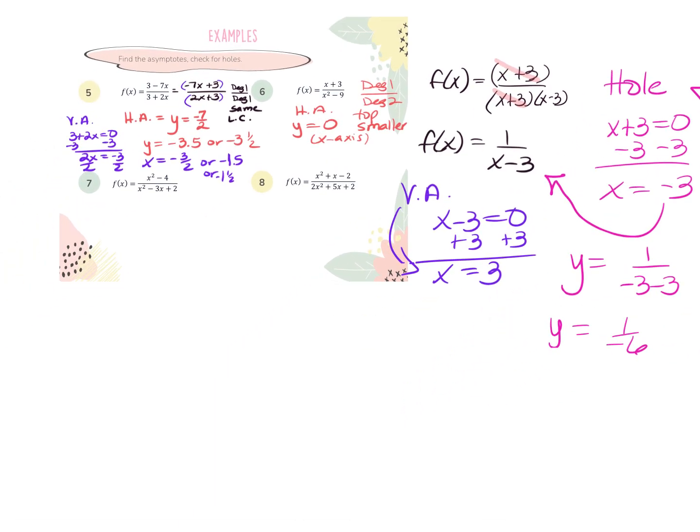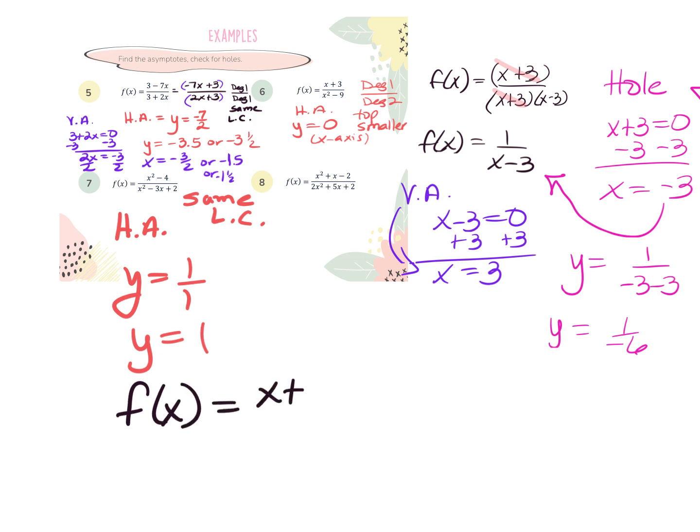So for number 7, for the horizontal, we look at the degrees. Notice they both have a degree of 2, so the degrees are the same. So remember, we use the leading coefficient. They both have a 1. So 1 over 1, so y equals 1. For the vertical, we need to simplify the function first.